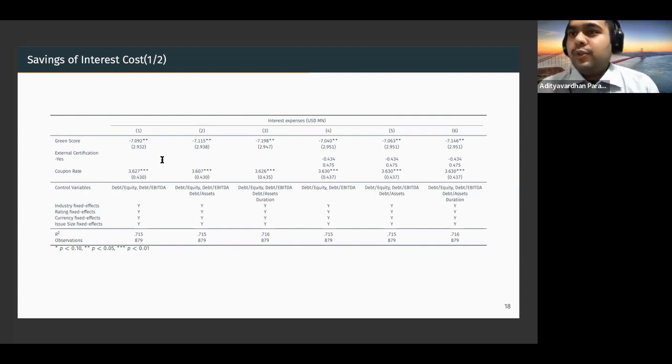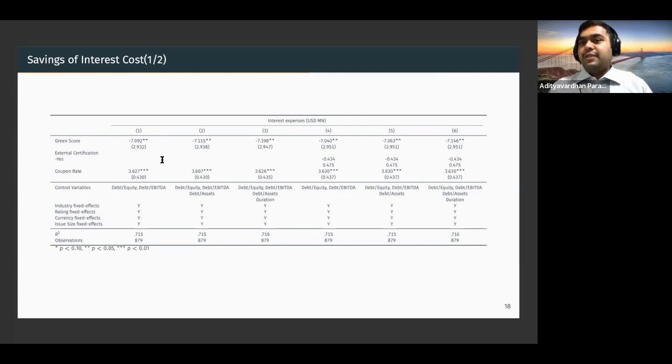Because this is in USD million, for each 10-point increase in green score, we get about 0.7 million USD savings in interest costs on green bonds. An interesting observation is that the interest cost is not affected by the external certification.